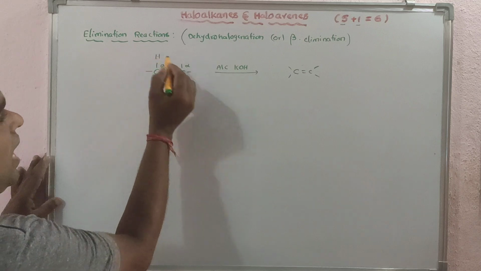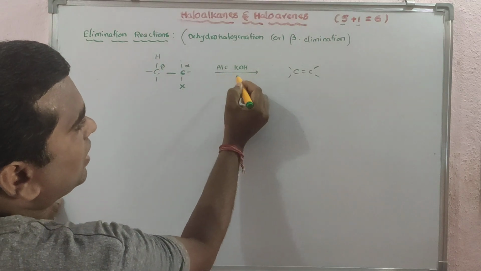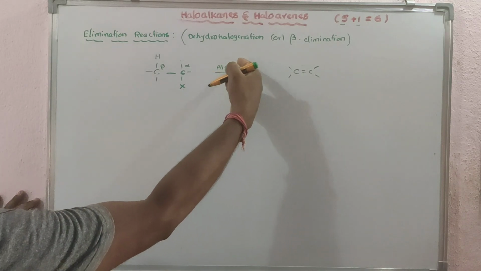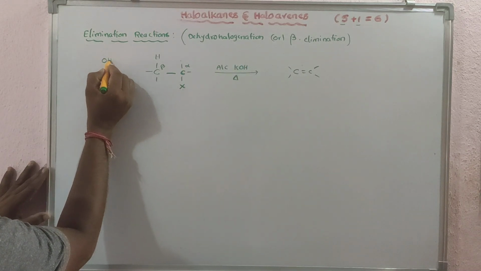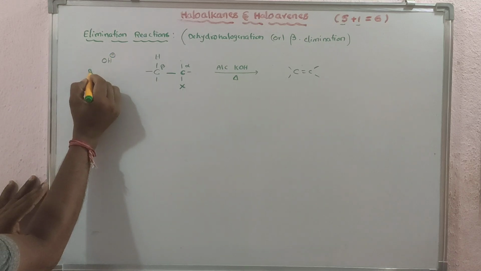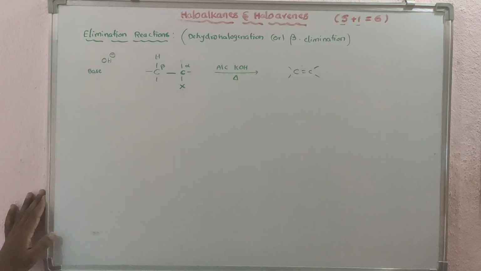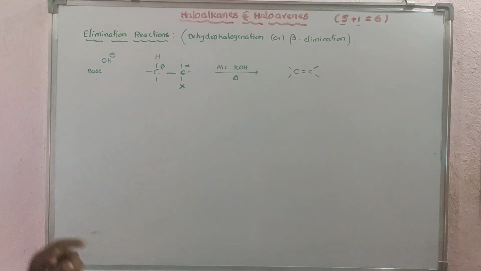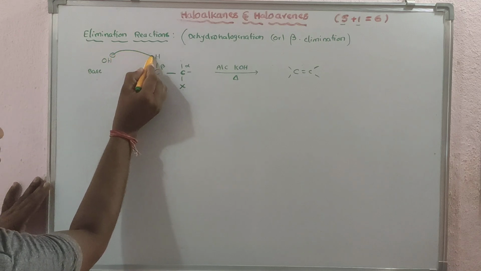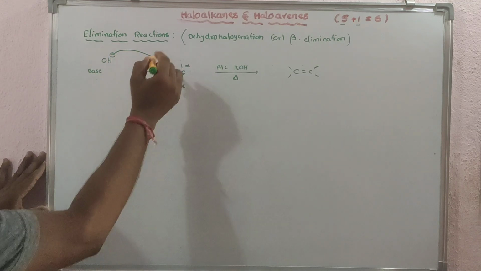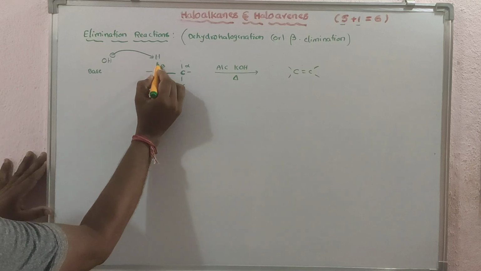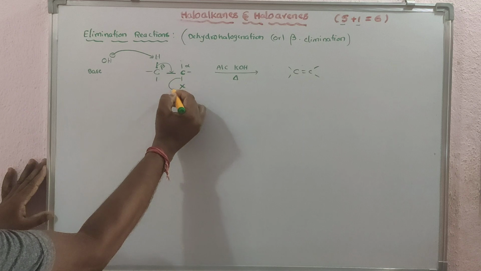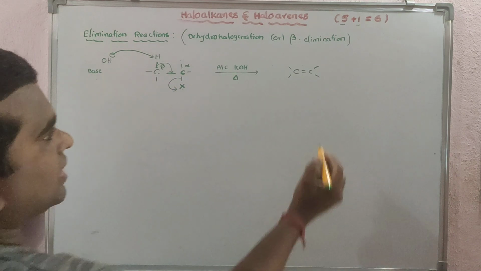So what happens when alcoholic KOH and heat are used: alcoholic KOH gives K plus and OH minus, and this OH minus acts as a base here. A base always accepts a proton, and which proton will it accept here? The beta proton. This is H plus, meaning the bond electrons come here, and this carbon would have 5 bonds, so this bond will leave. Then what compound will you get?